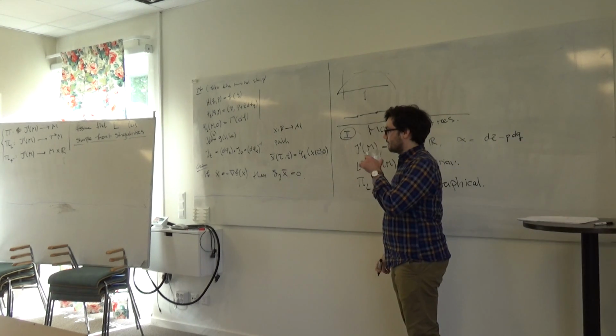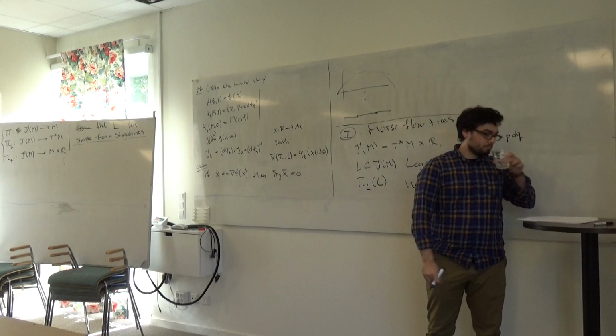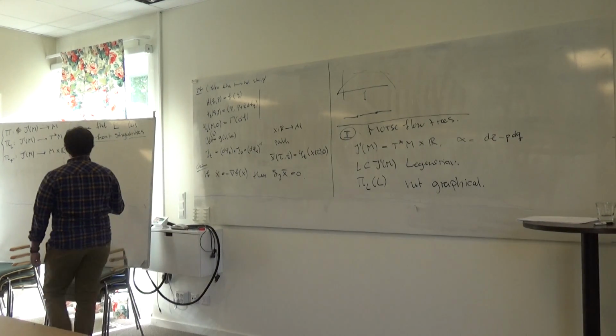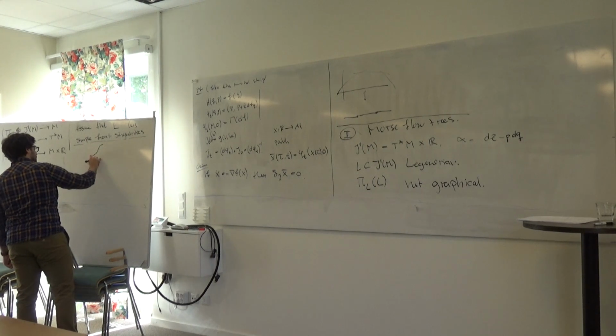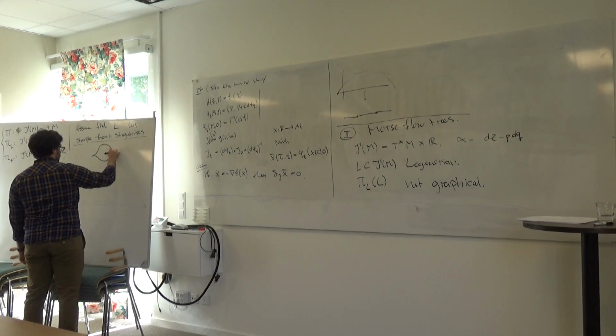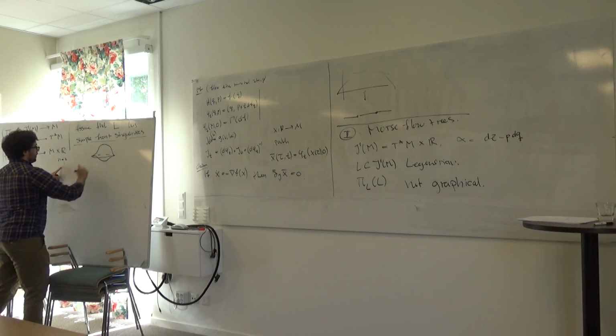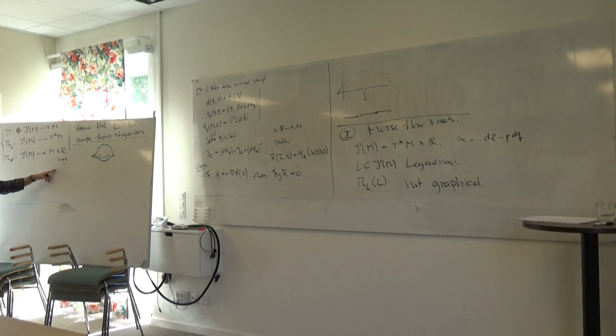Essentially it means that the front projection of L only has cusp singularities, except in dimension n equals 2, so dimension 5. Then L is also allowed to have swallowtail singularities, and everything still works if you allow swallowtail singularities, but I won't say anything about it.